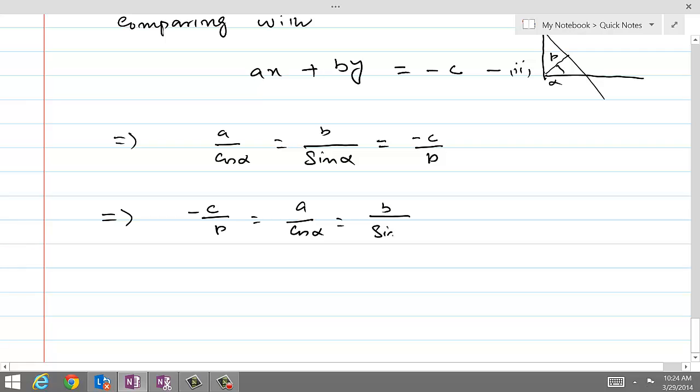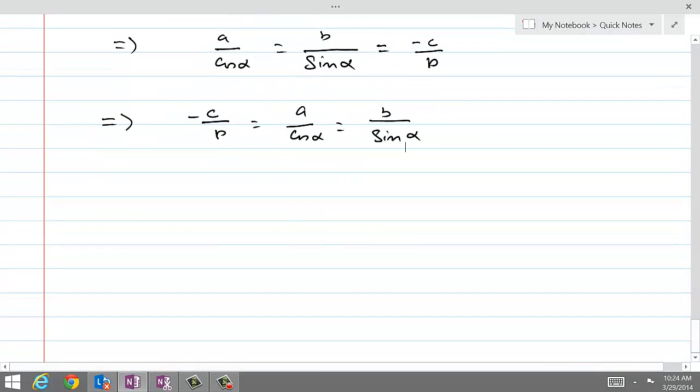It doesn't matter if we write those constant terms before. And now by reciprocating, what we will get is p over minus c is equal to cos alpha over a is equal to sine alpha over b.